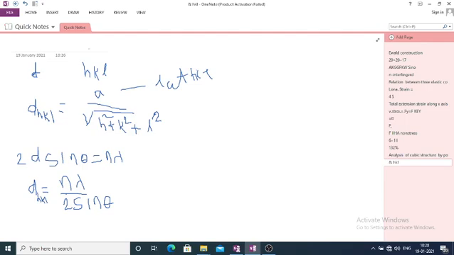So this d_hkl and this d_hkl must be the same. The left side is the same, so the right side must be the same.